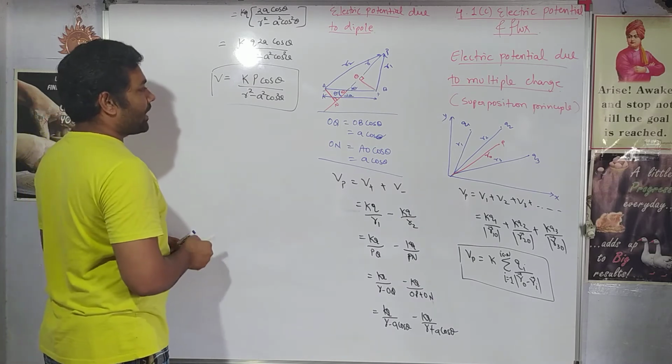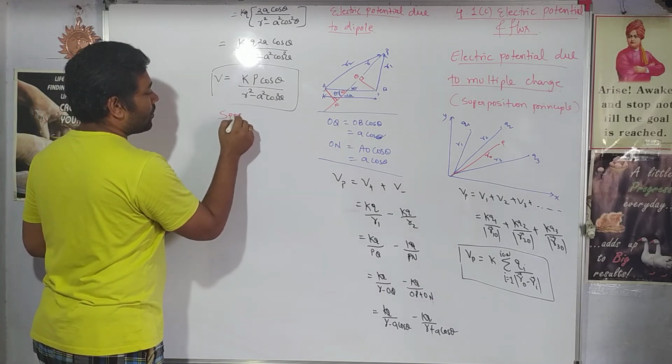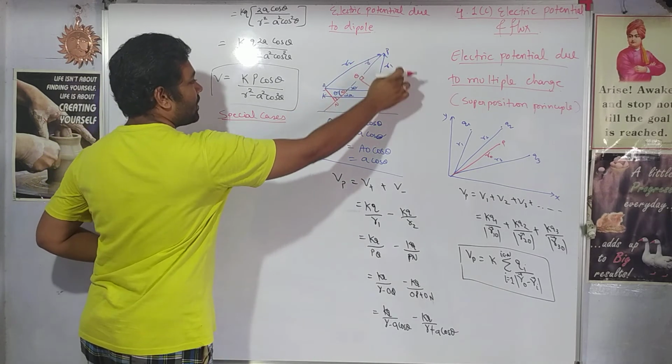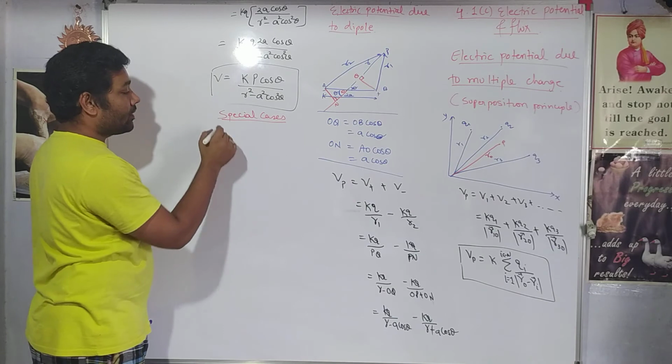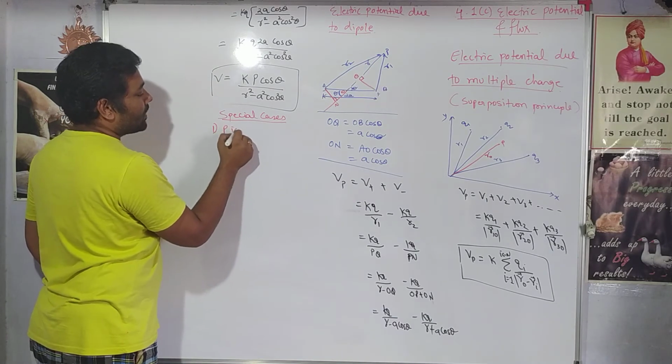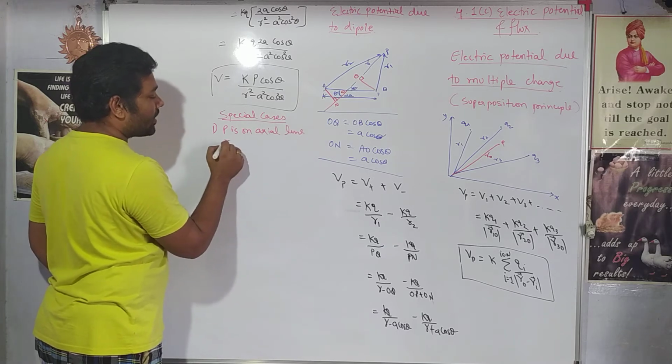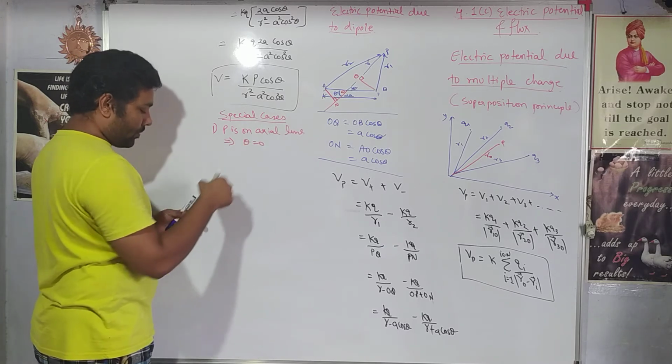Now let us take some special cases. What will be those special cases? If the point P is on the axial line, what does it imply? It implies that theta is equal to 0.